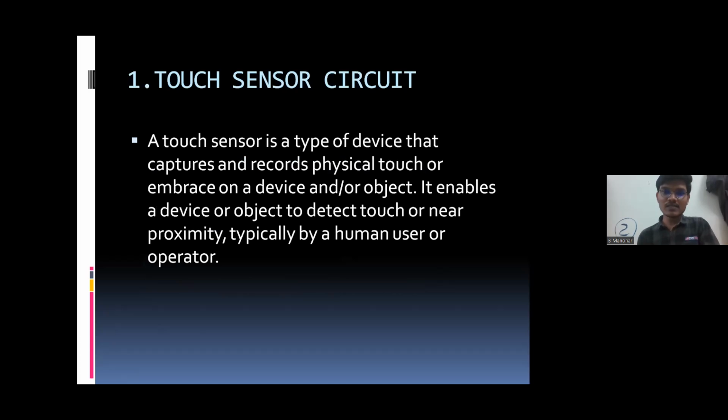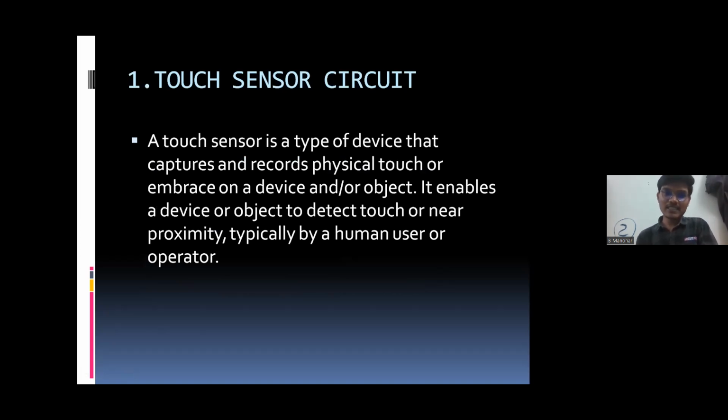The first one is the touch sensor circuit. A sensor is a device which can detect some change in the environment and respond to the output of another system. It can convert some physical phenomenon into a measurable analog quantity, and into a human-readable display for proper transmission.